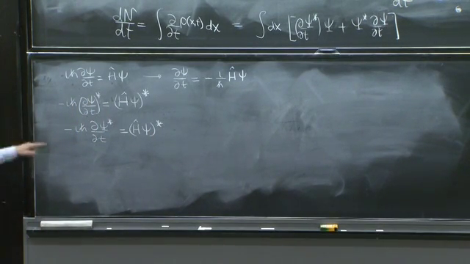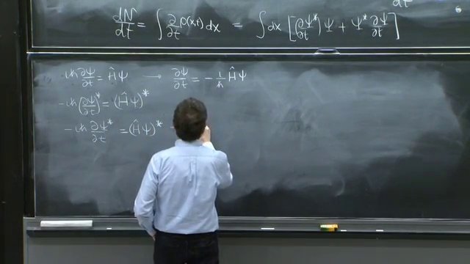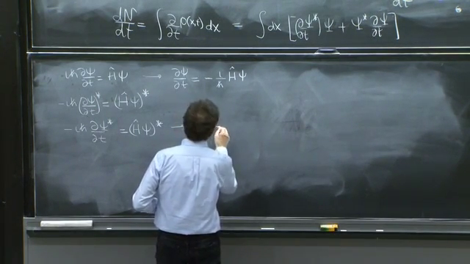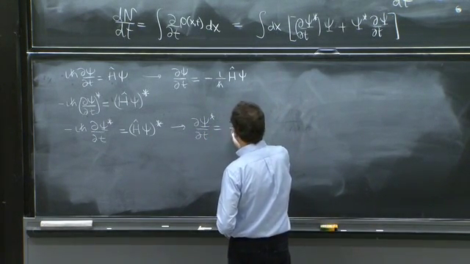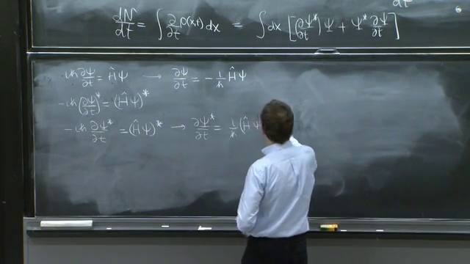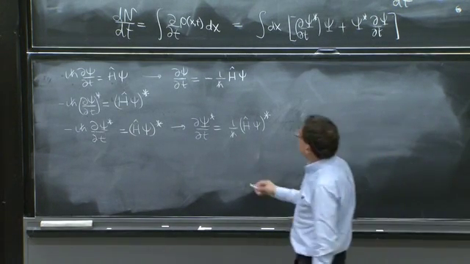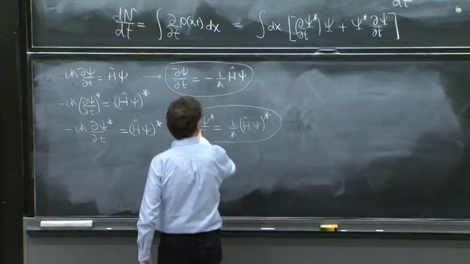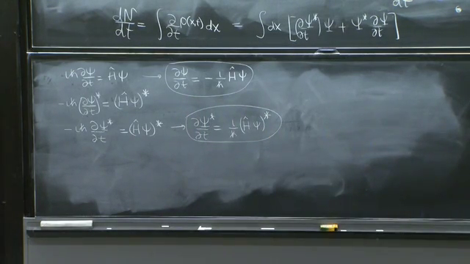And from here, if I multiply again by i divided by h bar, we get d psi star/dt is equal to i over h bar H hat psi star. Okay, we obtain this useful formula and this useful formula, and both go into our calculation of dN/dt.